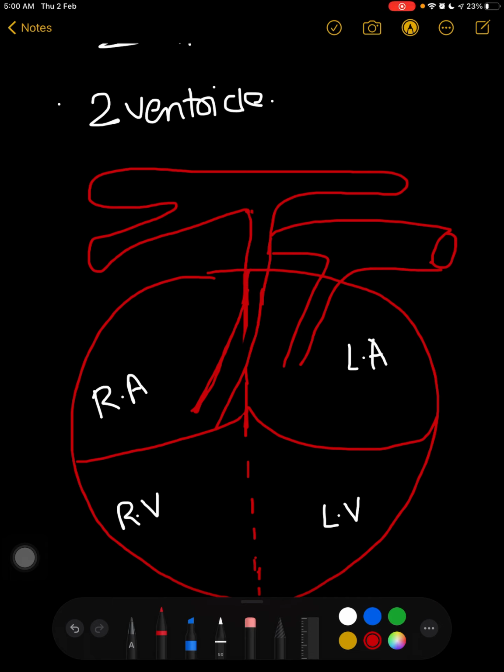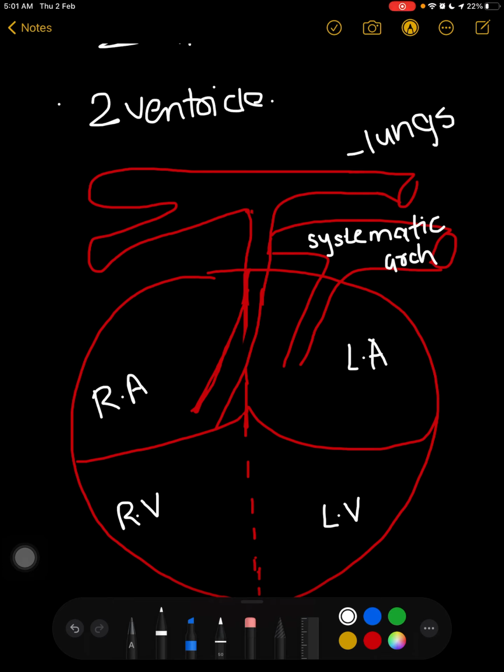Okay, so this is going towards the lungs. Let me draw it, then I'll be able to explain you guys. Okay, this is going to basically lungs, right? And this is basically systematic arc, right?